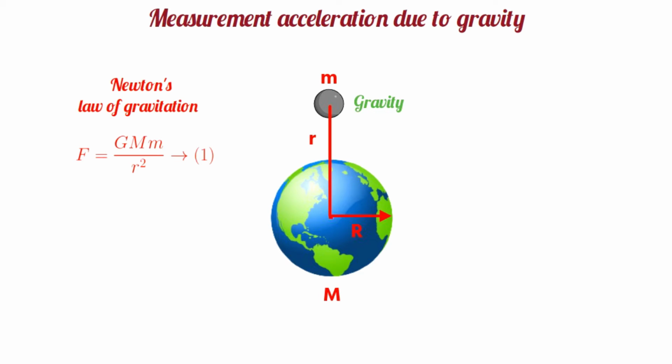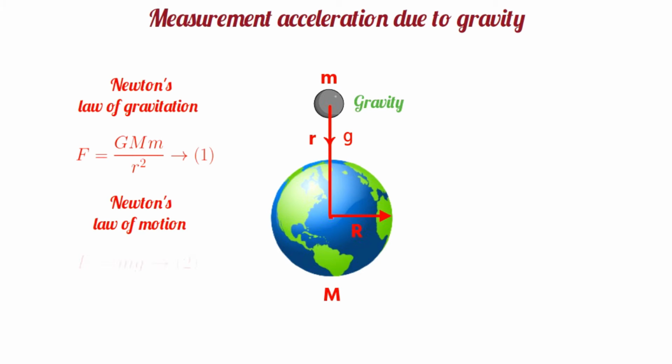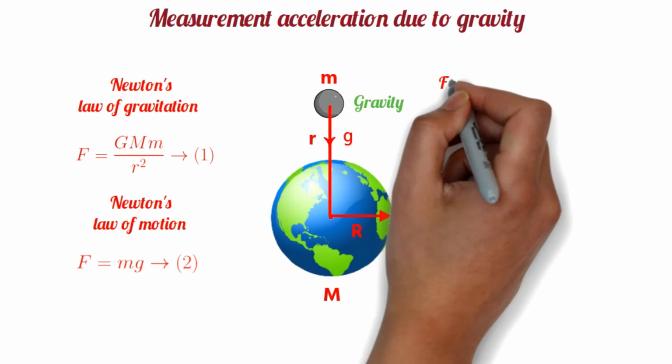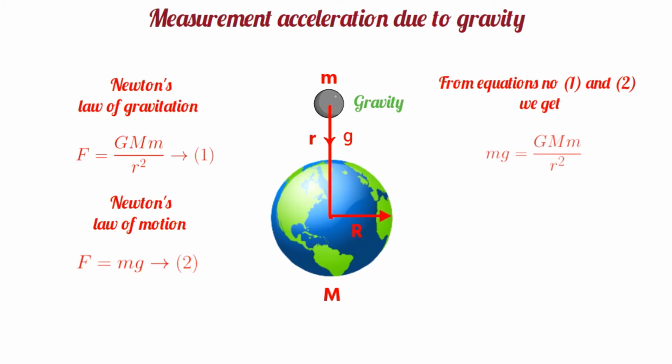And also if the object gained an acceleration g, due to the force F, then according to Newton's law of motion, F is equal to mg. From equations number 1 and 2, we get, mg is equal to GMm by r square. Now solving this equation we get, g is equal to GM by r square. This is the formula for the measurement of the acceleration due to gravity.